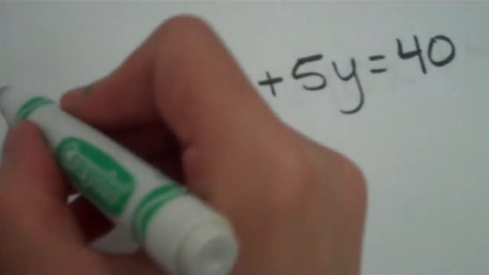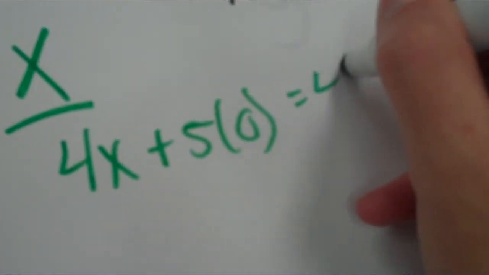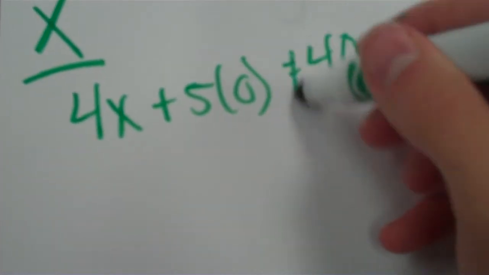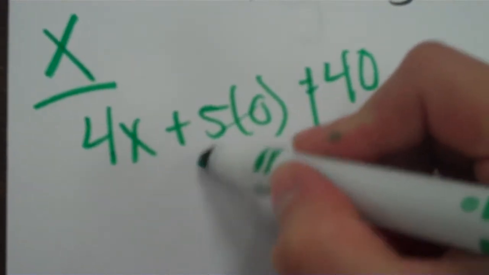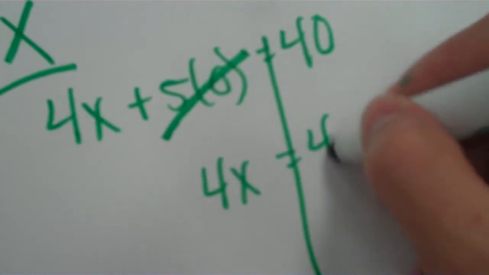Okay, x and y intercept of this. So, we're going to do the x-intercept first. So remember, x, you replace y with 0. So 4x plus 5 times 0, because y is 0, equals 40. Okay, draw our line. These will go away because it's a 0. And 4x comes down, equals 40.